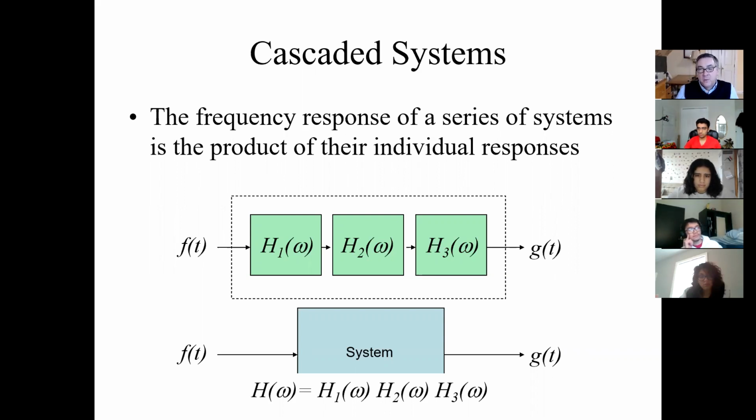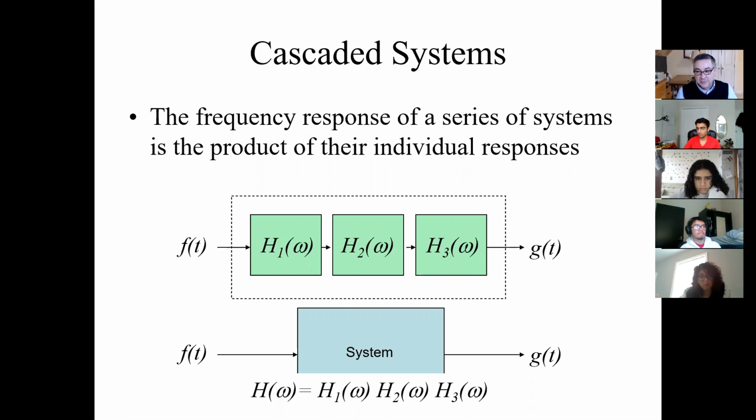And so what we know, based on linearity, if these are all linear shift invariant systems, if I have one system or subsystem followed by another, the frequency response of the complete system is the product of their individual frequency responses. We could talk about their individual impulse responses in the time domain and convolve them all together, but it would be a pain to do all those convolutions.